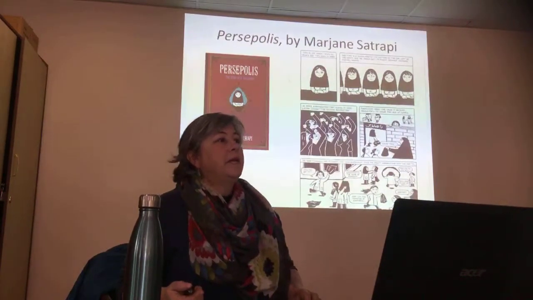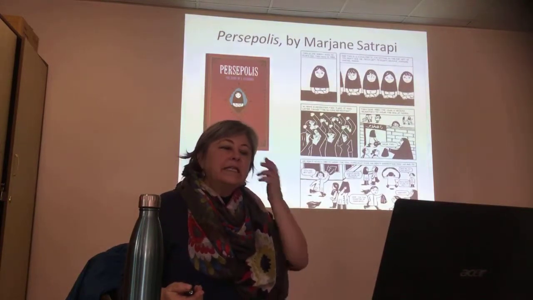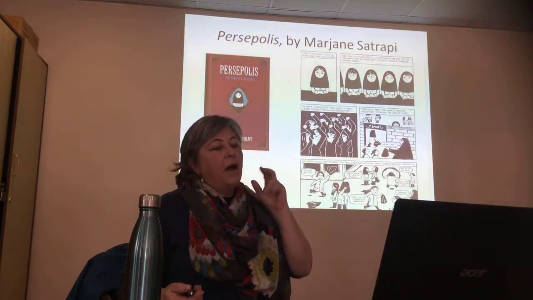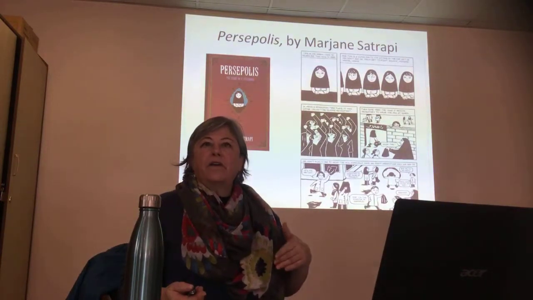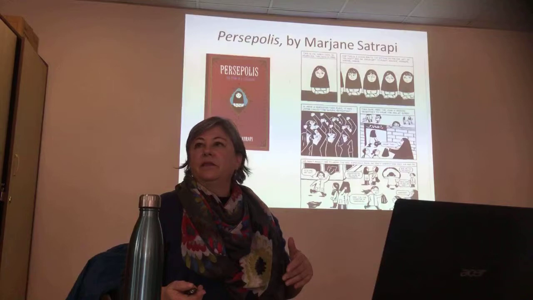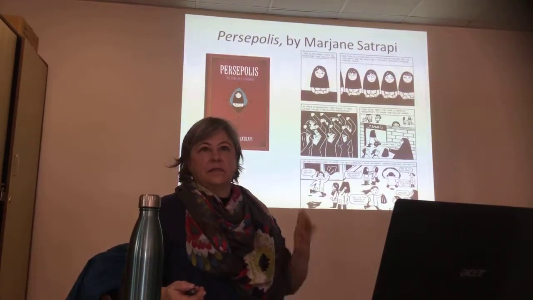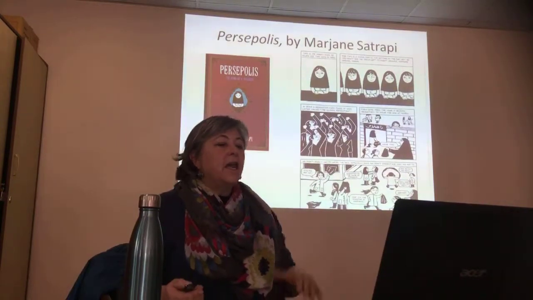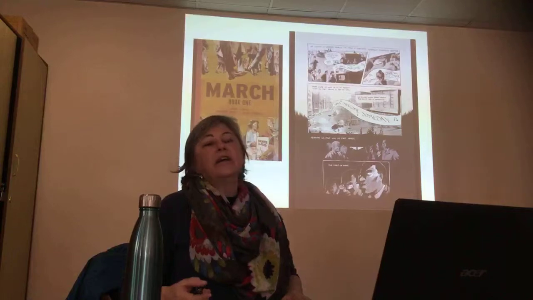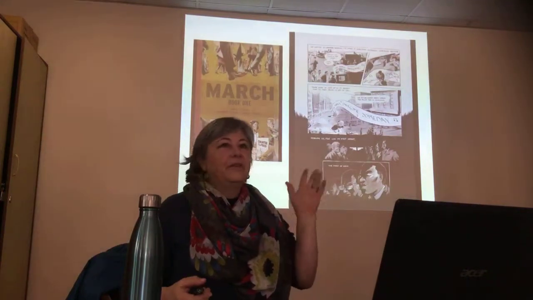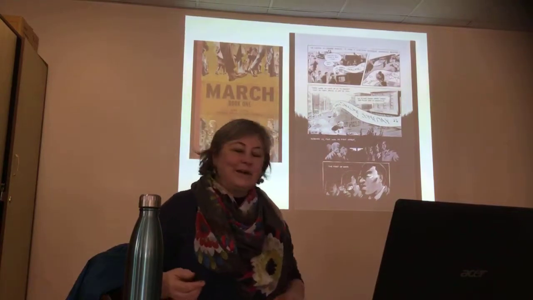Now, another one that many people have heard of is this book Persepolis, which is the artist Marjane Satrapi's memoir of being a child during the revolution in Iran and her family's subsequent departure from Iran. You can see a very different art style here. I could give you a list of 20 or 30 or 40 nonfiction, serious, academic-inspired ones.